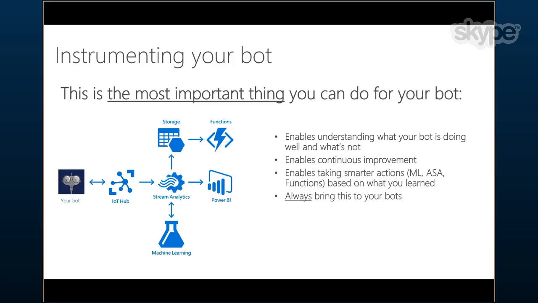So this gives you understanding about how your bot is being used. It's relatively simple to add this to your bot. You can also use App Insights to do some very basic monitoring of bot usage as well.